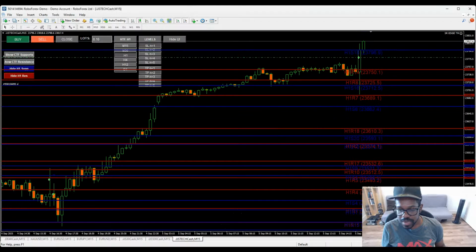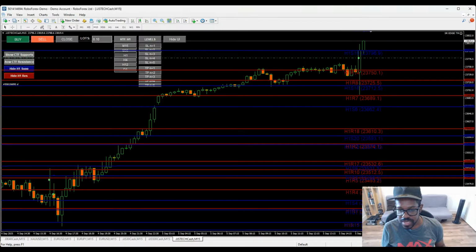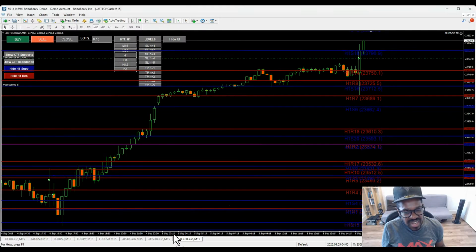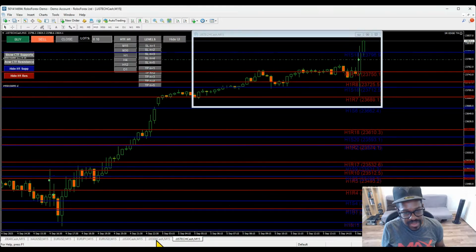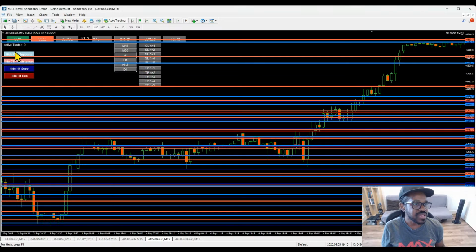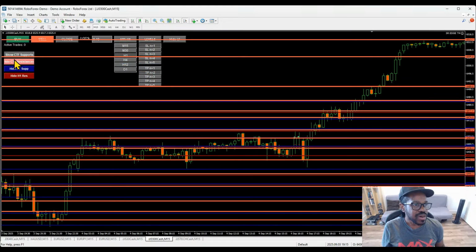If it's the first time seeing my live and this indicator specifically, I'm just going to make sure that I'm actually on. Okay, perfect. So I'm sharing my screen. This is the support resistance trade manager that I created. This is my own thing.